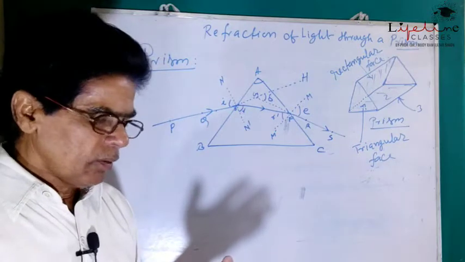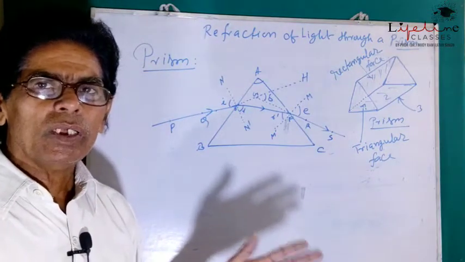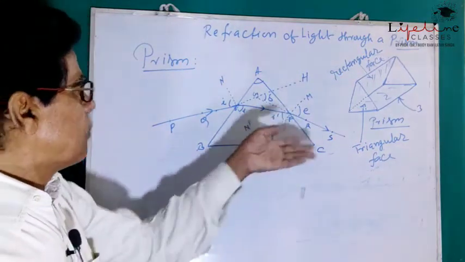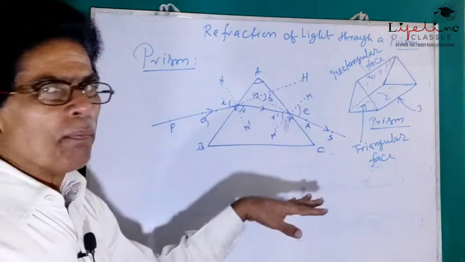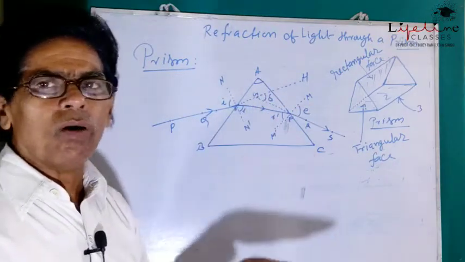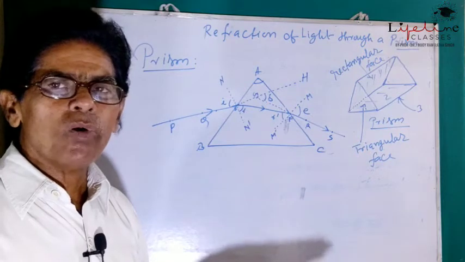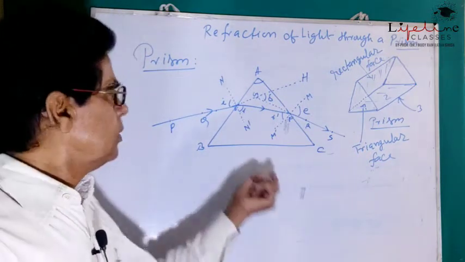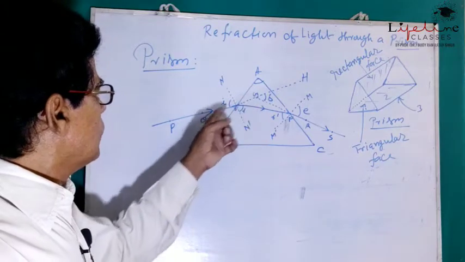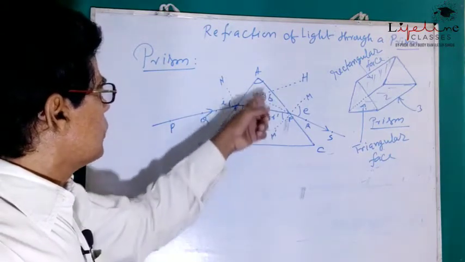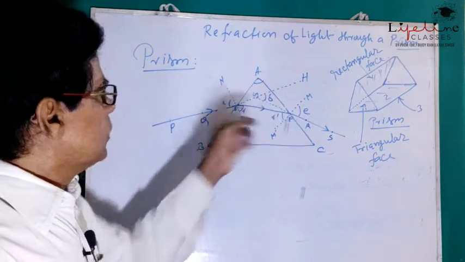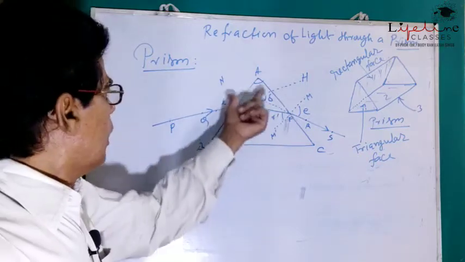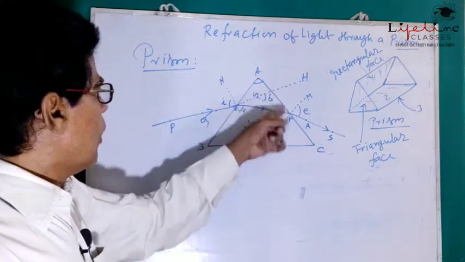So, if we keep the prism on a plain paper pasted on the drawing board, clipped with paper pins, then we can sketch out a triangular figure on the paper.